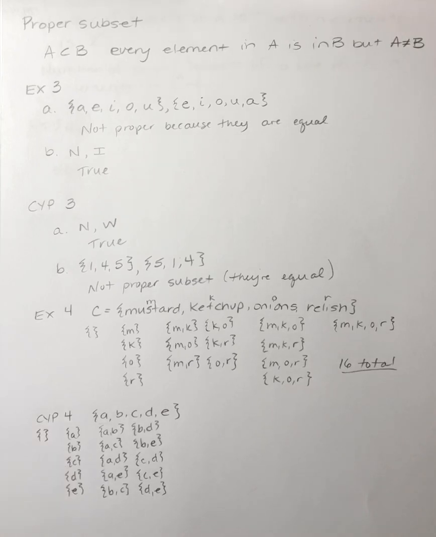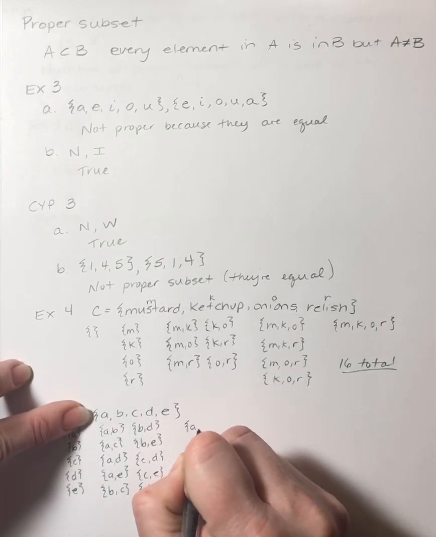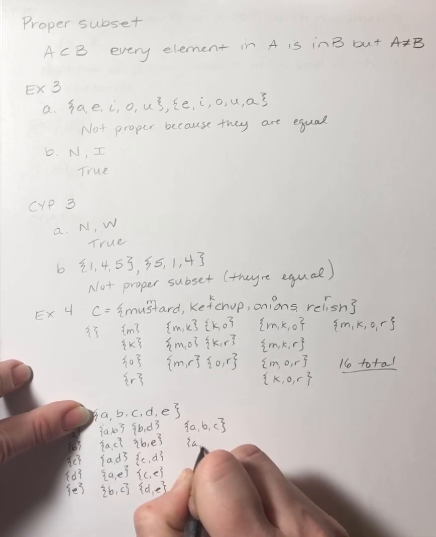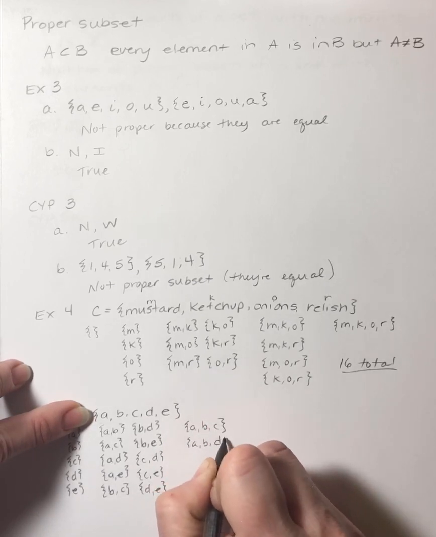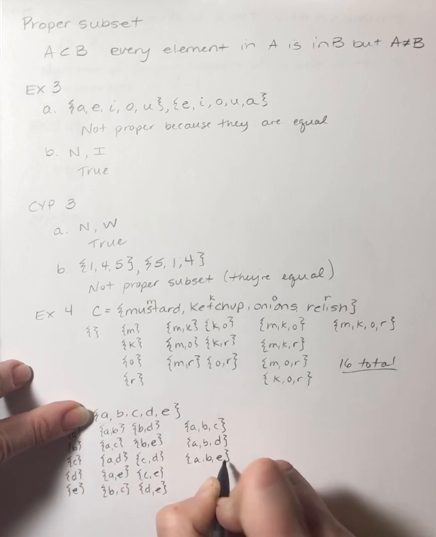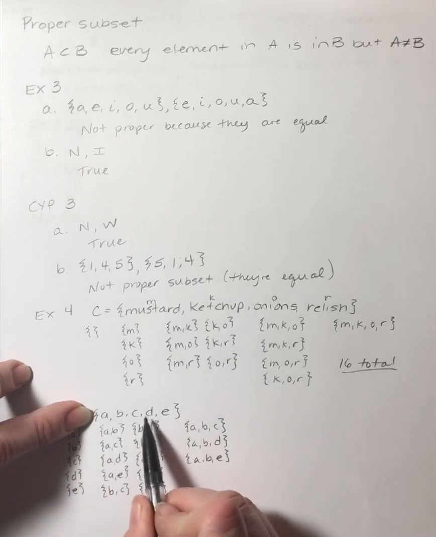Now it comes to the tricky part. I have to find my groupings of 3. So I'm going to do A, B, C, A, B, D, and then A, B, E. So I used A and B, and I did each of these letters.